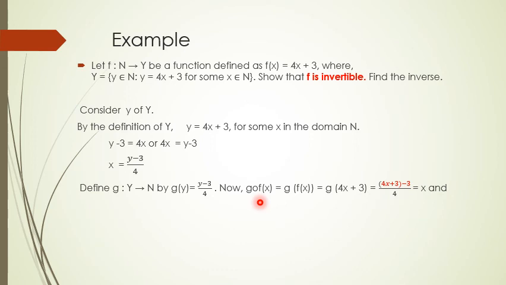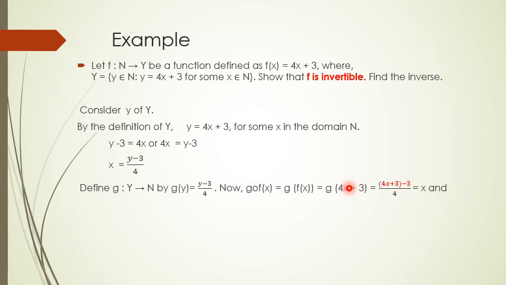Then we will prove both are identity functions. Hence, we can prove that f is invertible. For g of f of x, here f of x is given as 4x plus 3.